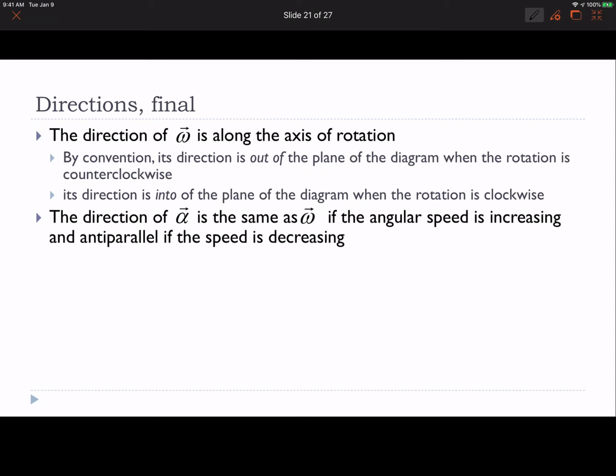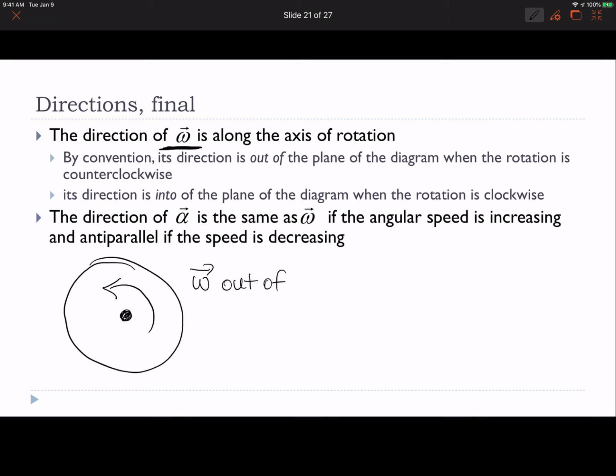So basically we've learned that the angular velocity is going to be along the axis of rotation. By convention, its direction is out of the plane of a diagram when the rotation is counterclockwise. So if I draw a picture like this and the object is rotating around, then the direction of the angular velocity here is out of the screen.